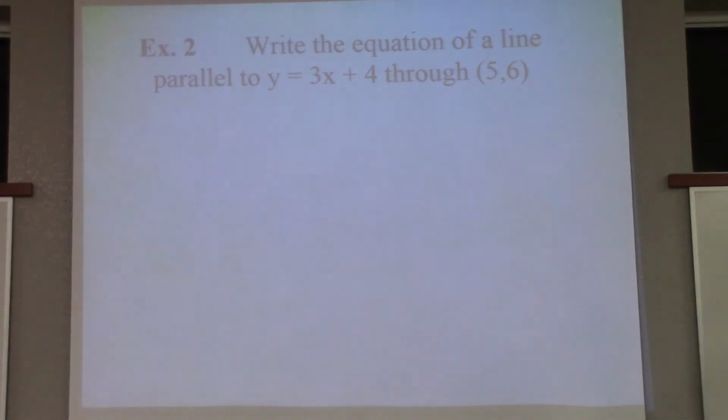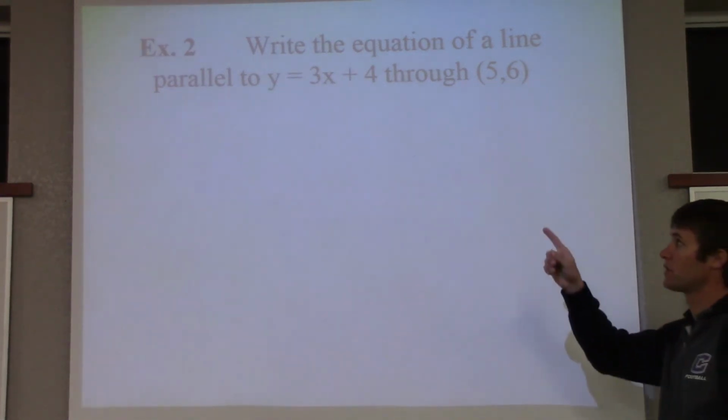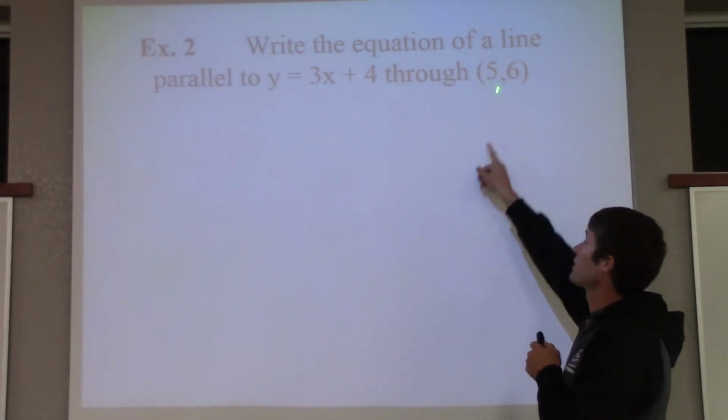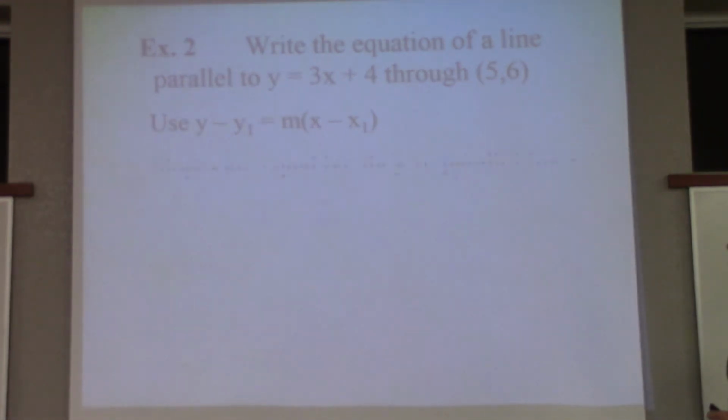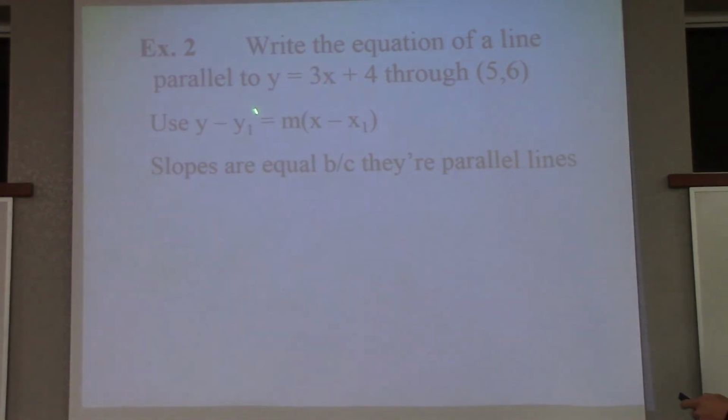We want to write an equation parallel to this line that goes through this point here, (5, 6). We're going to use the equation y minus y1 equals m times (x minus x1). The slopes are equal, so the slope of this line will be the slope that we use.